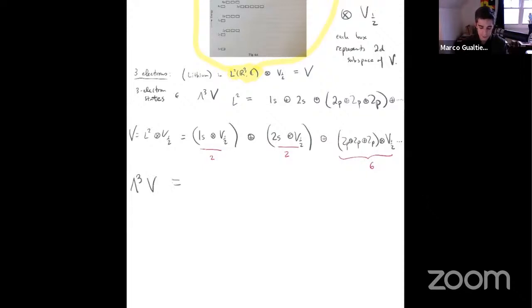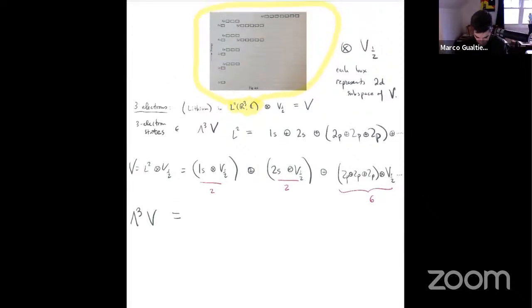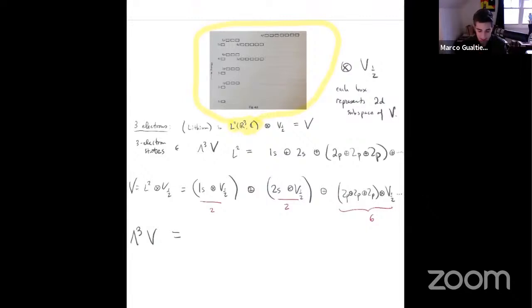If I look at the first few terms that we'll get, what would be the lowest energy subspaces of this wedge 3V?